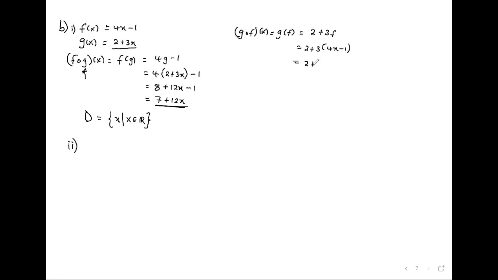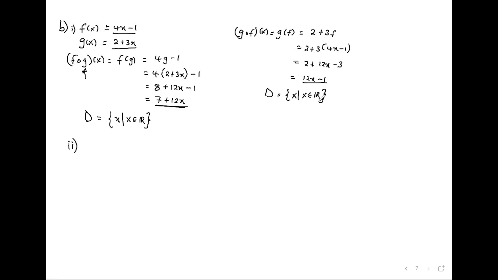So you get 2 plus 12x minus 3. That is 12x minus 1. Then we get its domain. Again, if you look at the final solution, the domain is all real. Let's go to the inner, the f. Also, the domain is all real. So we end there.